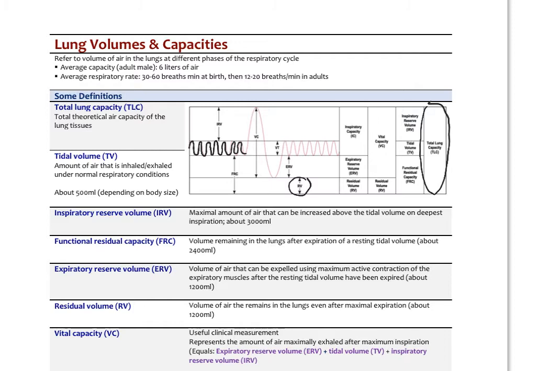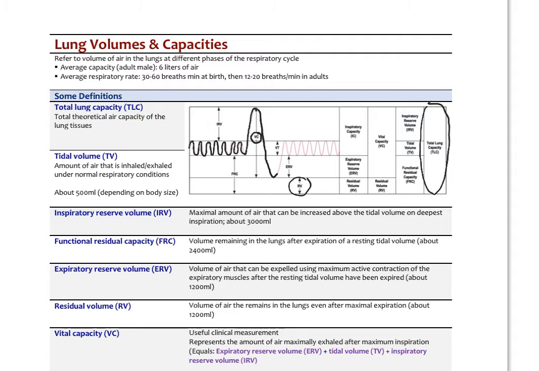Then if we maximally inhale, like how much can you inhale until you can't inhale anymore, and then how much can you actually maximally exhale as much as you can, that is the vital capacity. So vital capacity is on top of your tidal volume, how much you can maximally inhale versus how much you can maximally exhale.